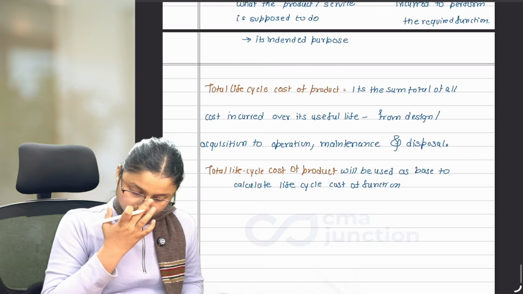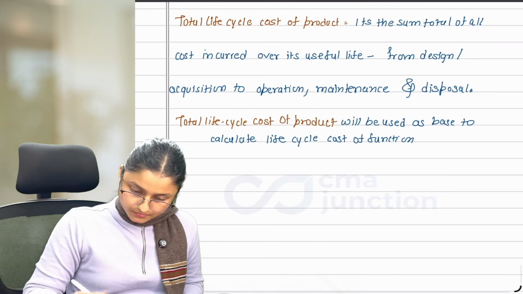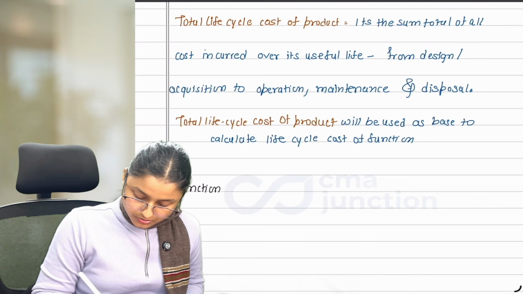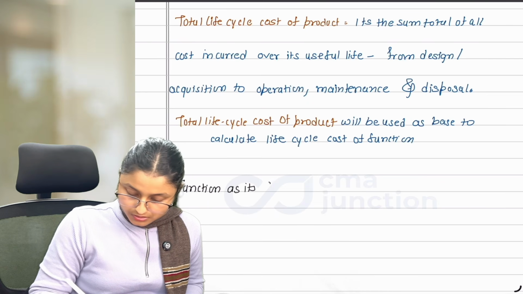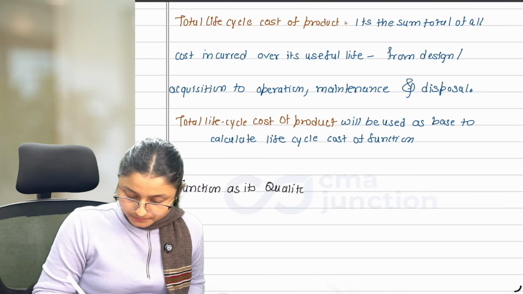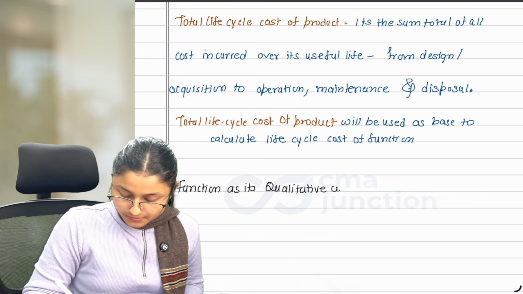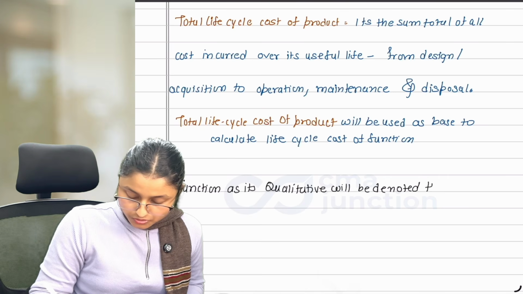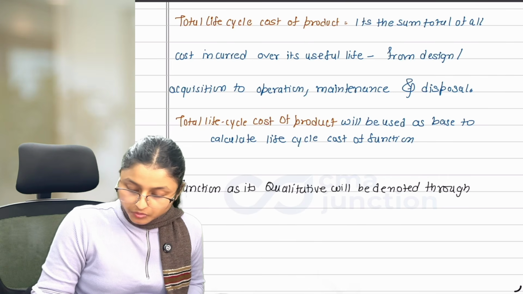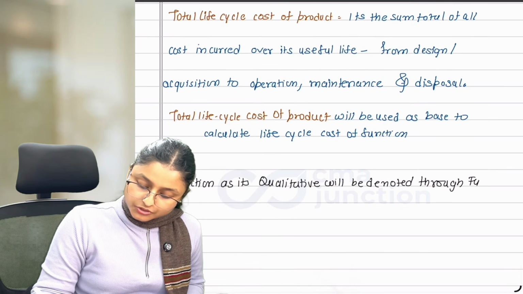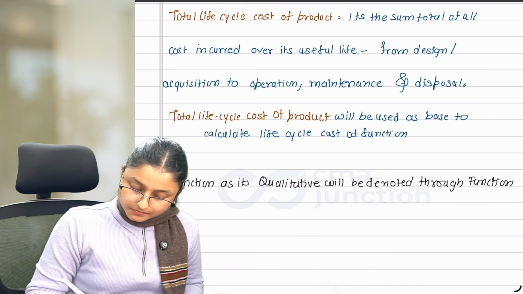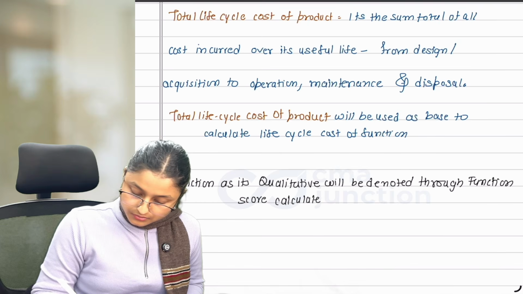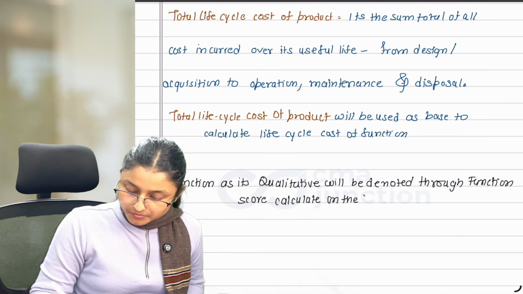Now, function, as it is qualitative, will be denoted through function score. So how function will be denoted in this formula? Using function score, calculated on the basis of weighted performance.